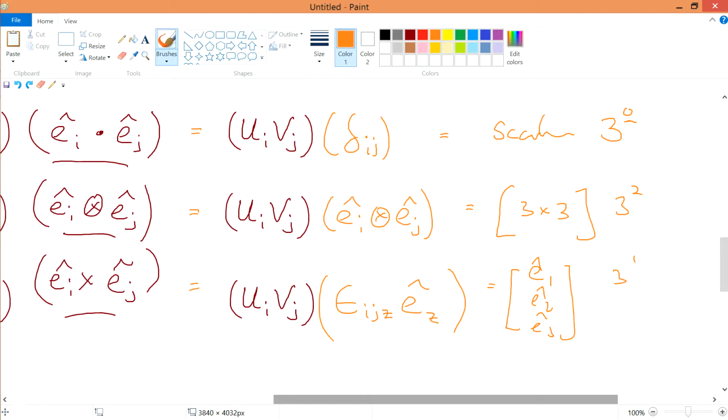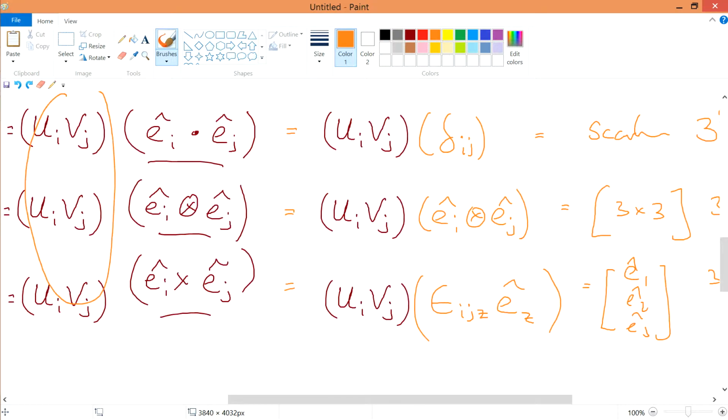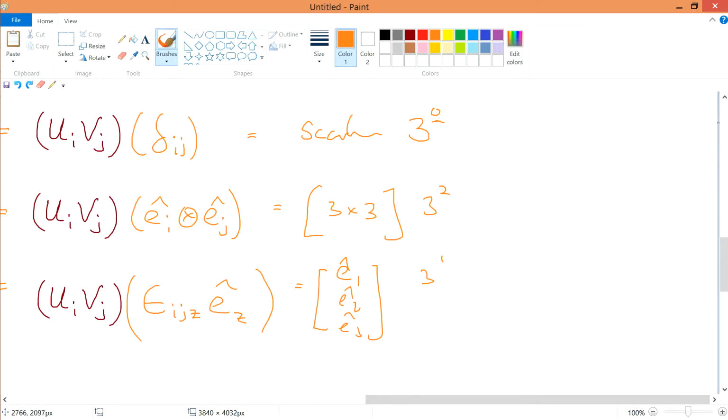For this part, I think I just repeat again because I don't know whether I recorded it. Anyway, this portion over here, I keep it the same. I'm simply rewriting all these so-called basis vectors into all this. And the outcome is simply a scalar, a matrix, and a vector.